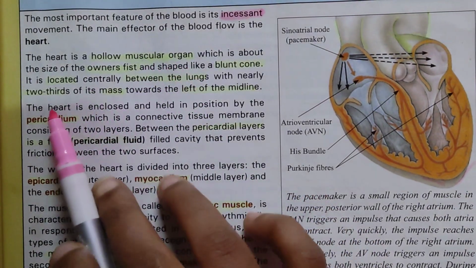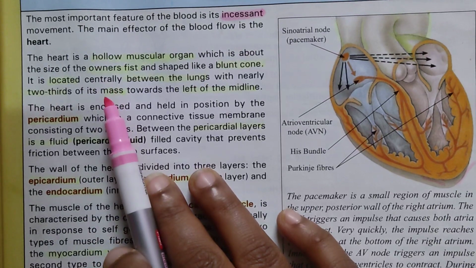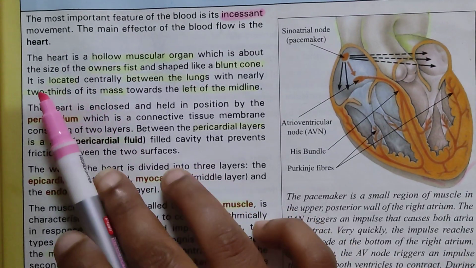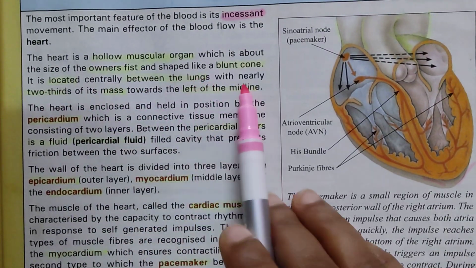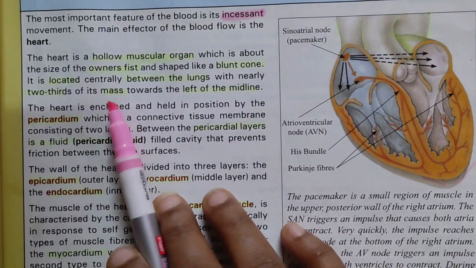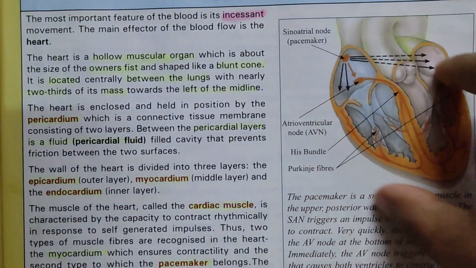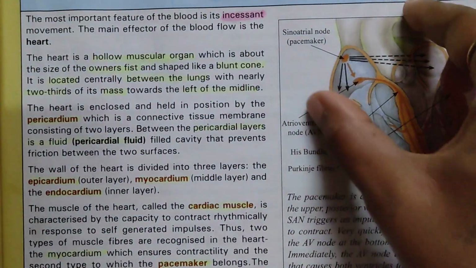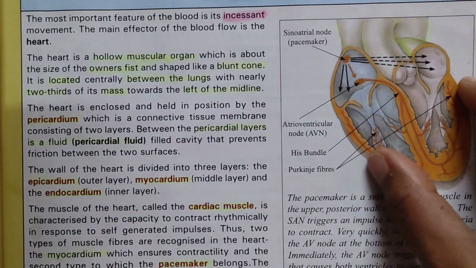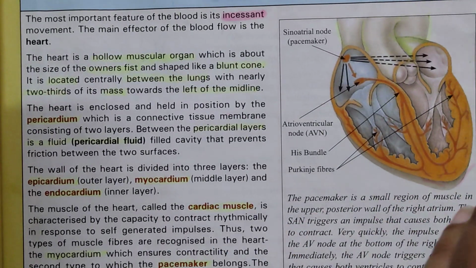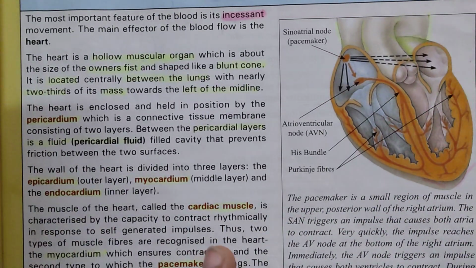That's why we can feel that the heart is on the left side. It is like this, tilted like this, so two-thirds of its part is tilted towards the left of the midline.